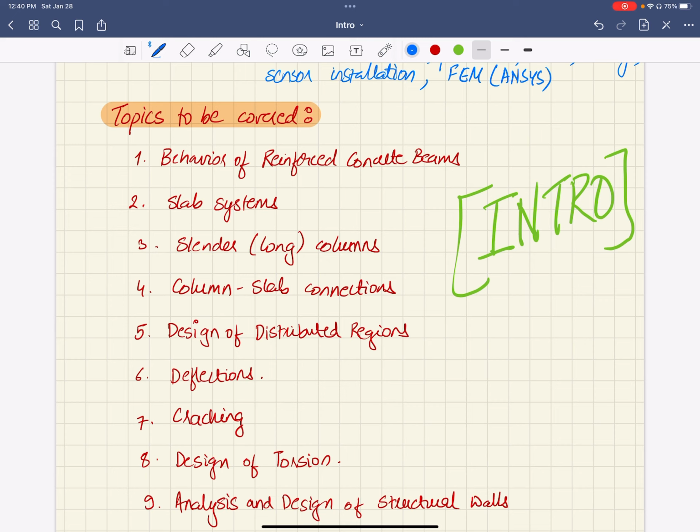Then we'll move to slab systems, then columns, then column-slab connections, design of disturbed regions, deflections, cracking, then the design of torsion.